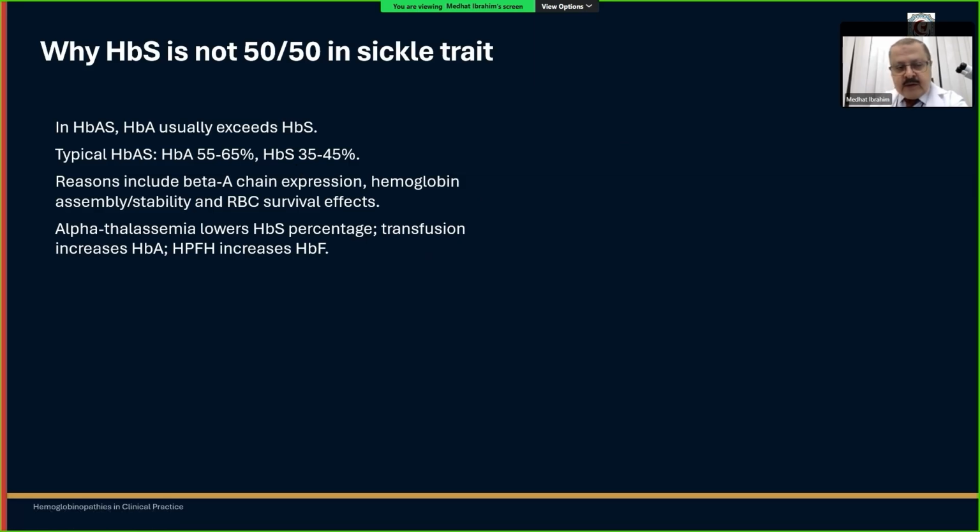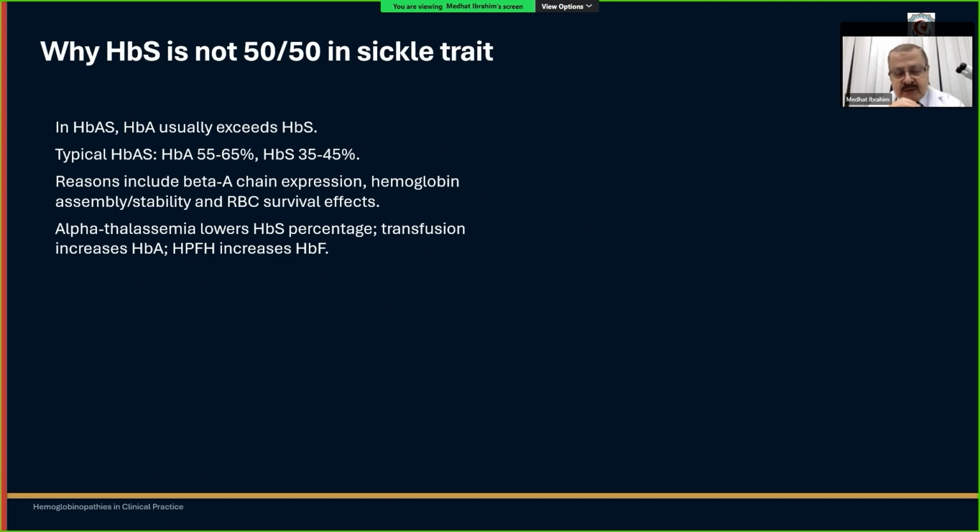As I said, if we have an abnormality in one of the beta genes, like a single point mutation, that produces one beta S chain rather than beta, so we have one healthy beta and one abnormal S. In that case, we would expect, if you do the electrophoresis, a hemoglobin pattern of 50% A and 50% S, and this is not true.